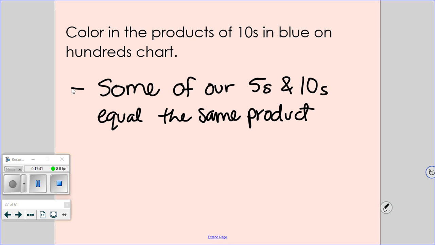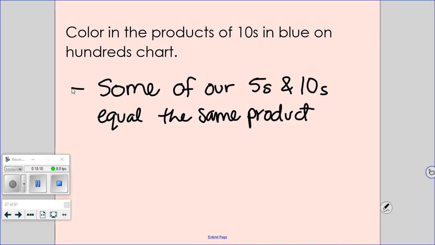What else do we know then? What else do you know? Kylie? Each time you add a 5, it goes to the next yellow one, and it adds 5 more each time, so it's going to each equal one of the 10s.